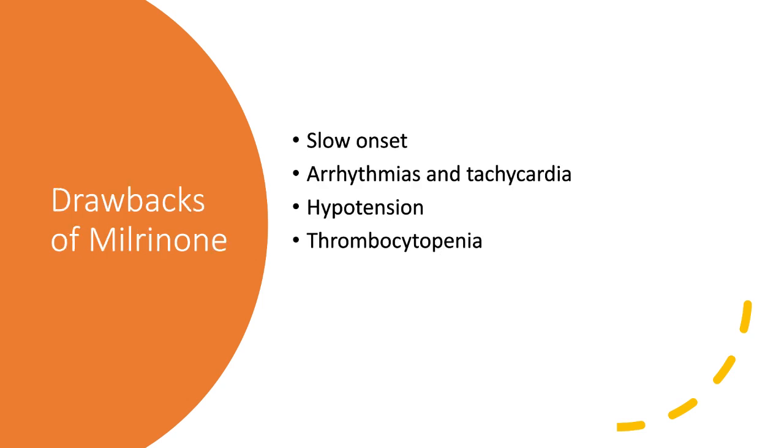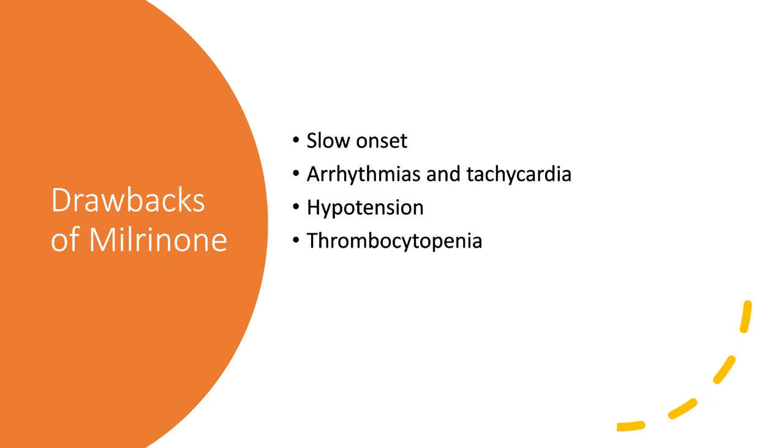Though Milrinone carries a lot of benefits, there are some drawbacks that we have to keep in consideration while using it. These drawbacks are its slow onset of action, as Milrinone takes hours to work, so don't expect a fast response. Since it works on contractility, it may cause arrhythmias and tachycardia, so we have to monitor the heart while using Milrinone.